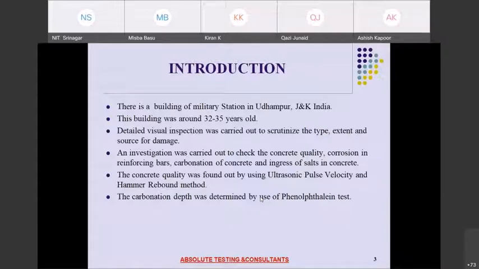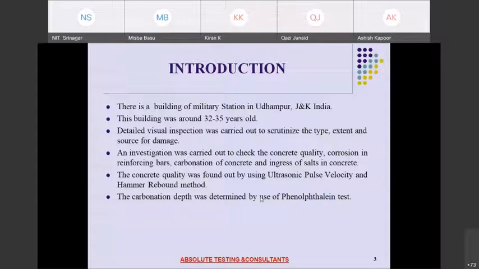So based on the type of defect, we get to know what it is. After that, we find out the extent. For example, if a crack has developed over a beam or column or any structural member, visually you can't tell the extent of that crack, whether it is a surface crack or how deep it is inside the structure.